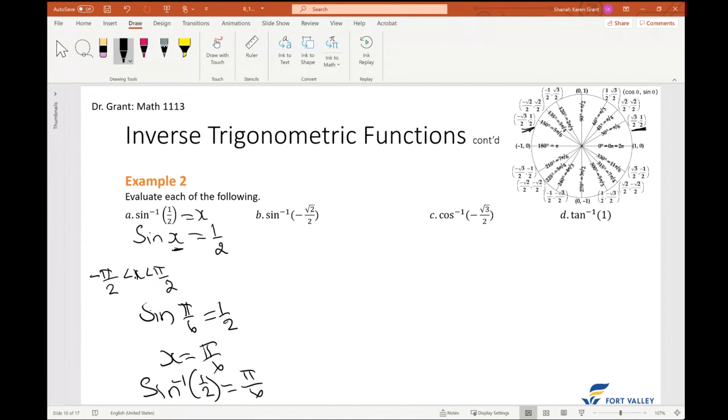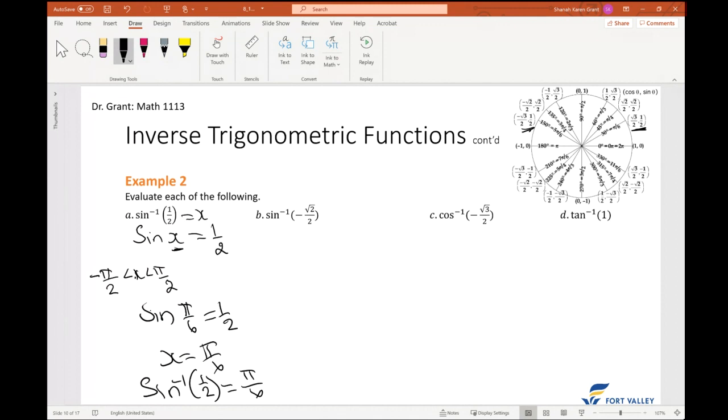All right, what about sine inverse of negative root 2 over 2? Very similar. This must be in the range of negative pi over 2 to pi over 2.